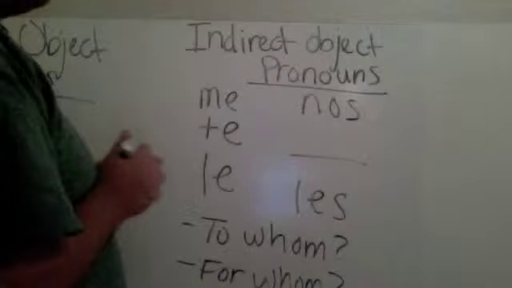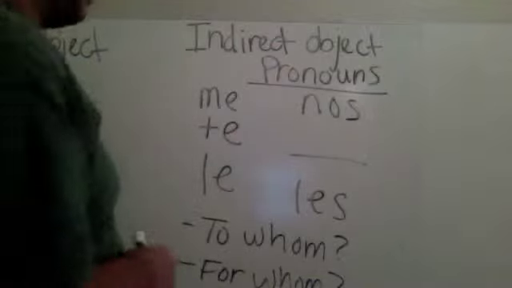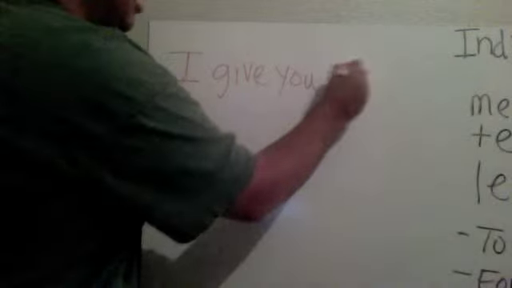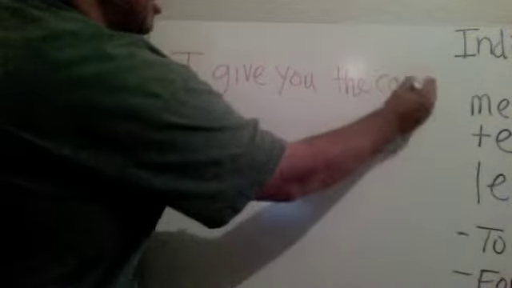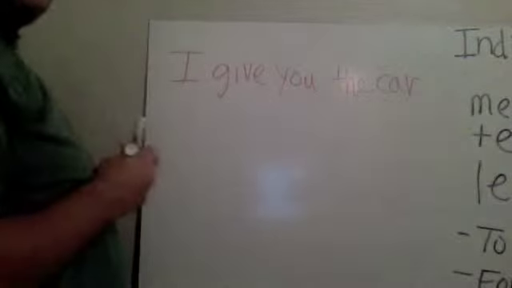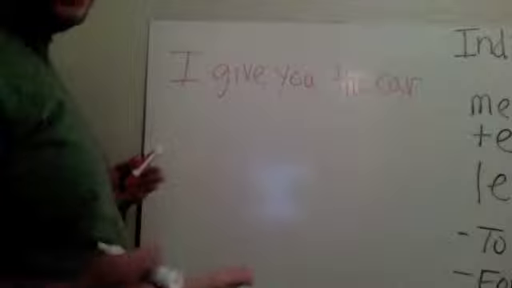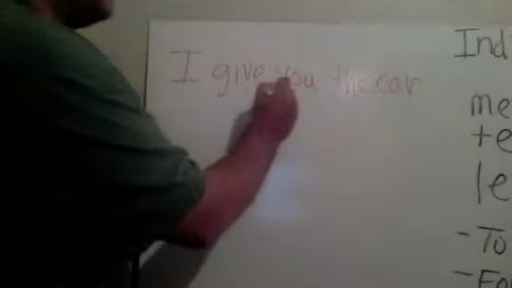Okay, so let's get to some examples. How about in English the sentence, I give you the car. Think of it as, to whom do you give the car? To you.